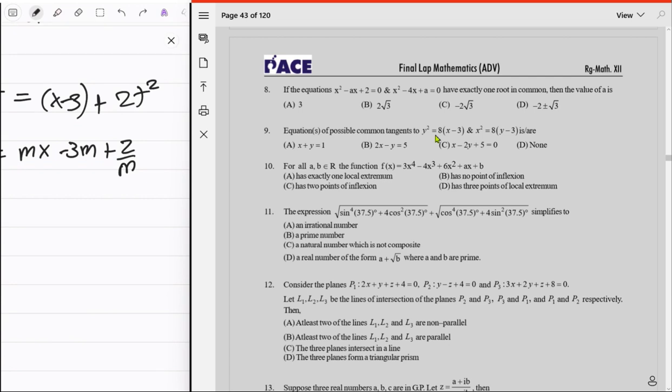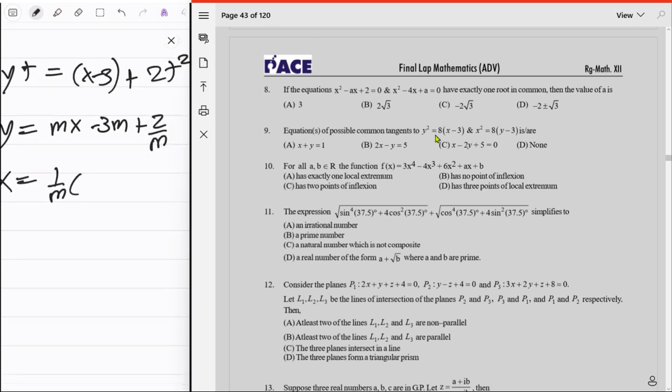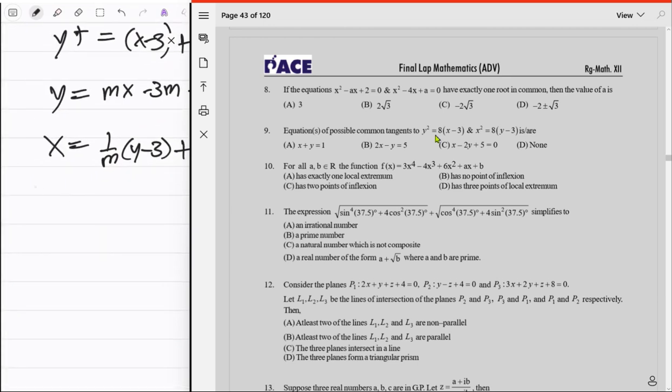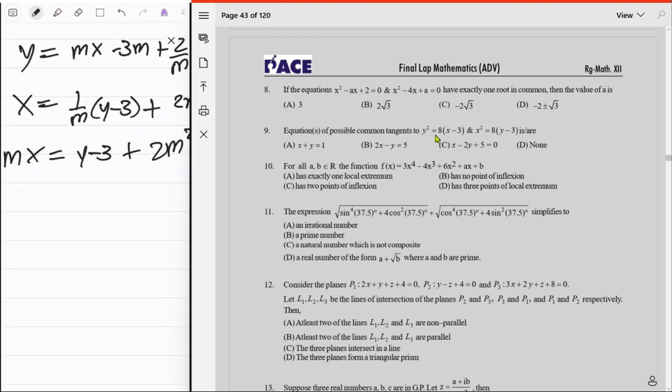Right, okay, और क्या आएगा for this guy once again: y की जगह पे x लिख रहा हूँ, equal to m की जगह पे 1/m, x की जगह पे y minus 3, a की जगह पे 2/m की जगह पे times m. So ये क्या हो रहा है, mx is equal to y minus 3 plus 2m squared, which means कि y is equal to mx plus 3 minus 2m squared.